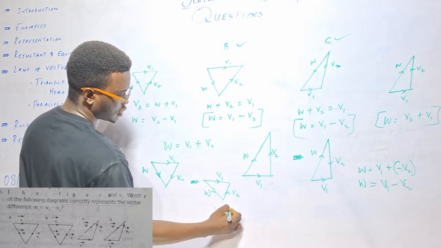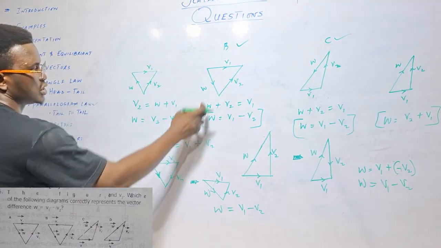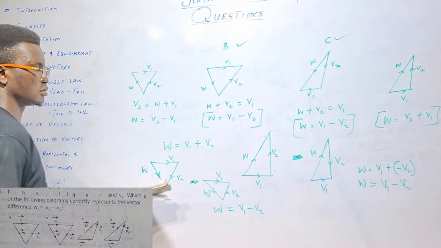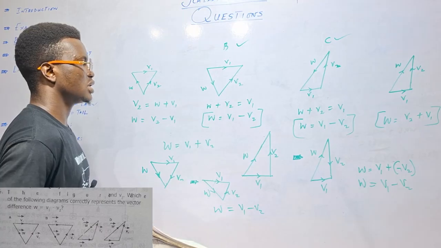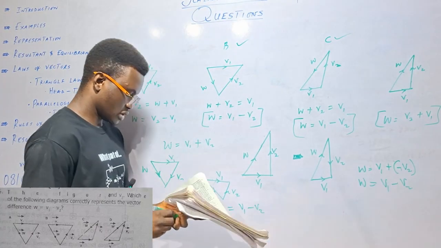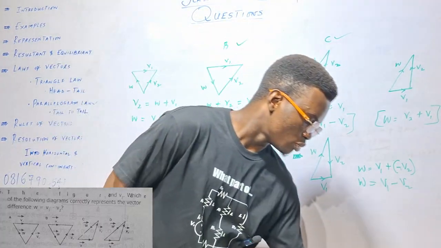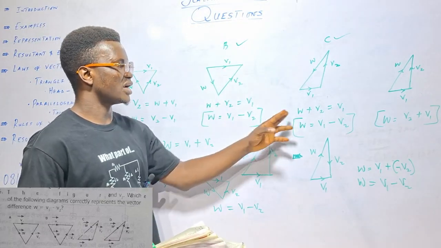So this will become W equals V1 minus V2, which is what I have here. Or better still, yes, that's it. So something is off in the question. So both B and C are correct if you follow what I've analyzed.